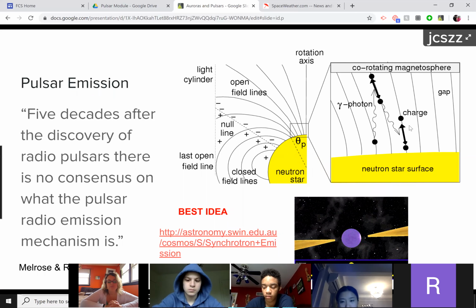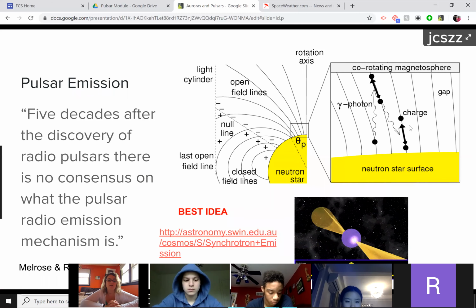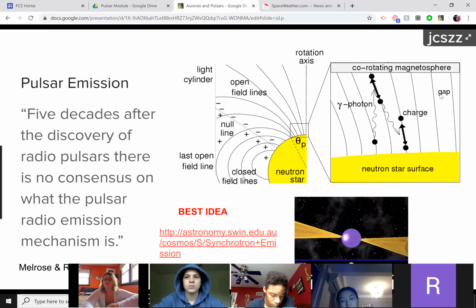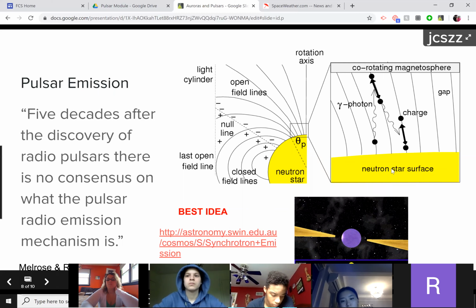I love this quote over on the left. 5 decades after the discovery of radio pulsars, there is no consensus on what the pulsar radio emission mechanism is. Pretty interesting, right? We still don't know, but what we think is happening is, like I said earlier, this idea of potential synchrotron radiation.